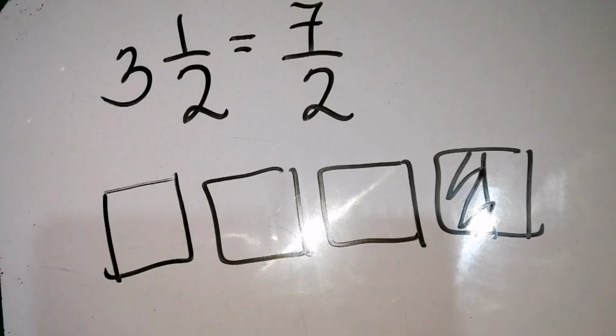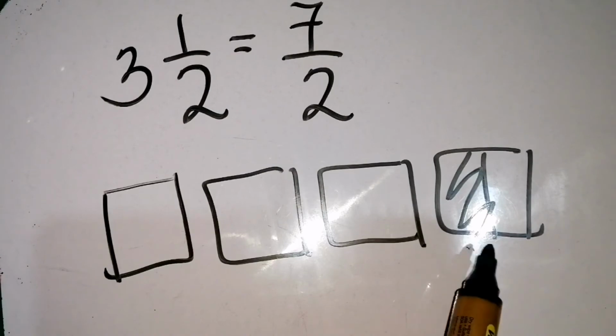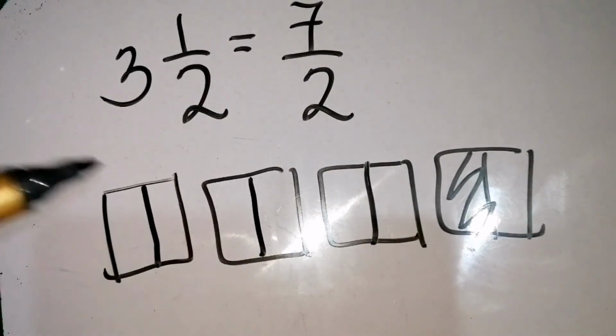Now, how can we count all the parts if they are cut unequally? So first thing that we need to make sure is the parts must be equal with each other so that we can count them as one. Now here, to get this kind of size, we need to cut the whole into two equal parts.